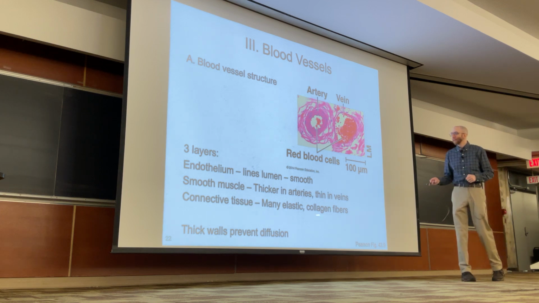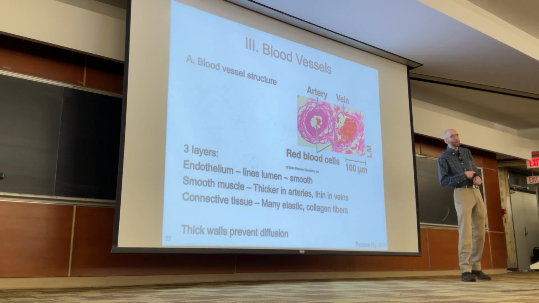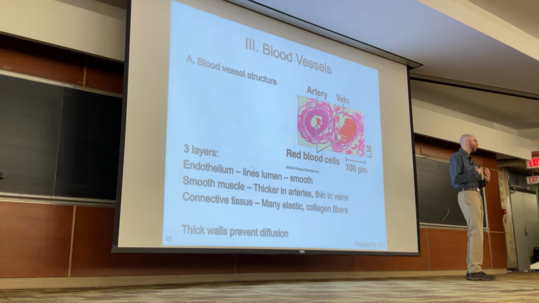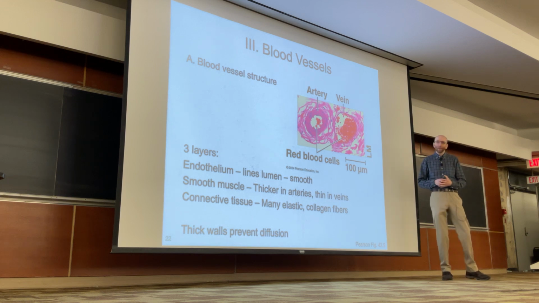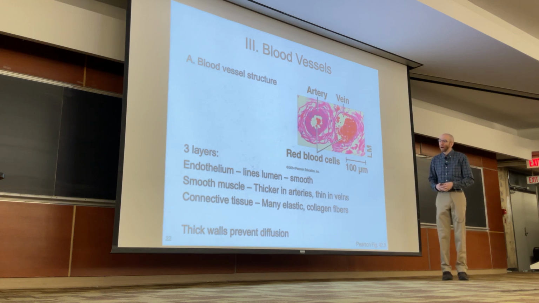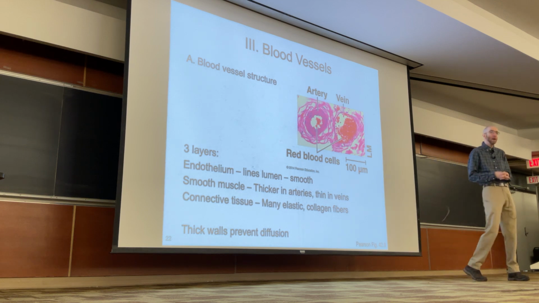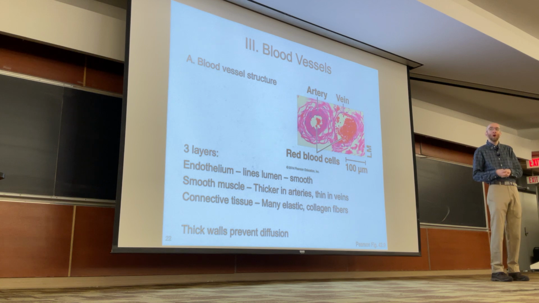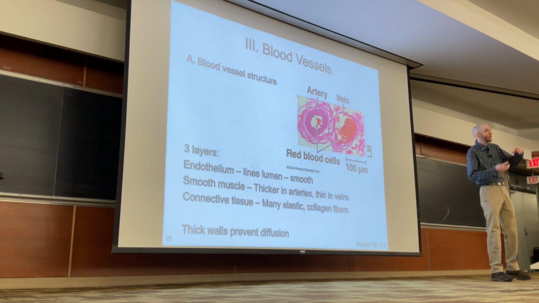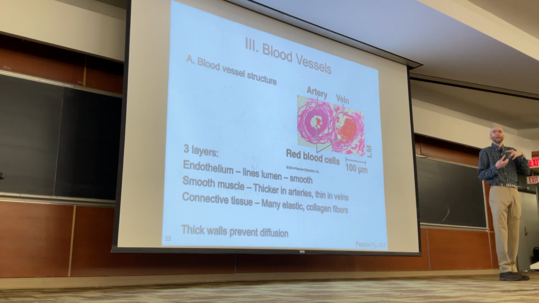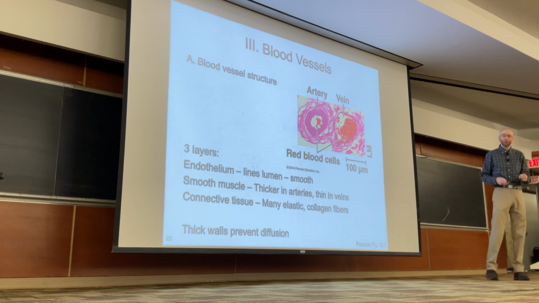You have lots of elastic fibers and collagen fibers, giving the blood vessels both strength and elasticity. And that elasticity is particularly important in a few of the major arteries, like the aorta and the pulmonary arteries leading out of the heart. Because they're under such high pressure, they do need to flex and stretch a bit to accommodate the fluid at that pressure.